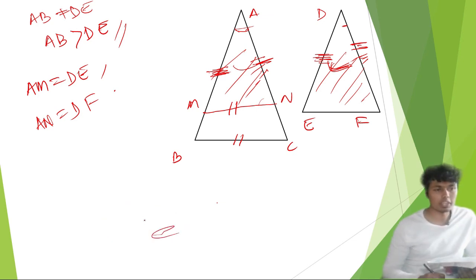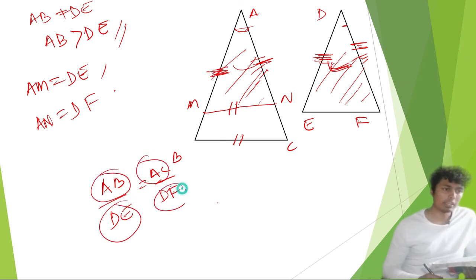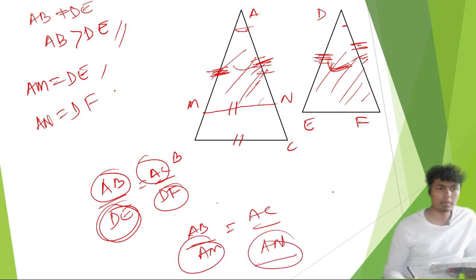Look here. It is given in the question that AB by DE is equal to AC by DF. Now DE is equal to AM and DF is equal to AN, so AB by AM is equal to AC by AN. If these two are so, then we can say that MN is parallel to BC.